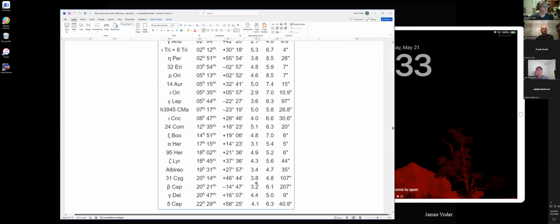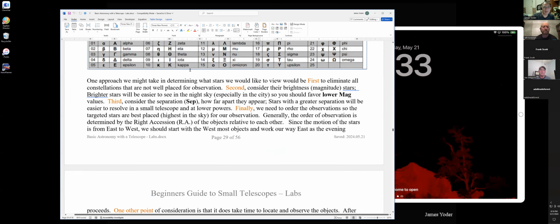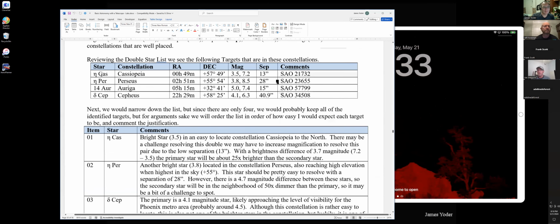Does that make sense, what I'm doing here so far? Okay. And after you do that, you just write those numbers down in a table like here: constellation, the star, right ascension, declination, magnitude. And from that, you can order the right ascension. That's your viewing order. And just from these numbers, you can pretty much guess what you're going to see. Now, what this is not telling you is if it's a colored star or something.